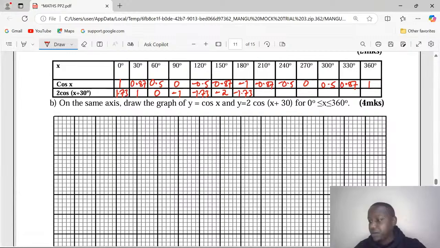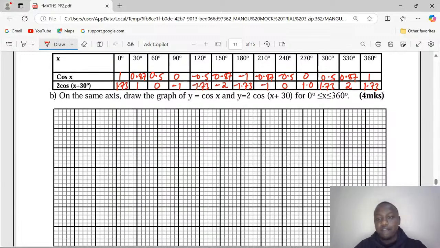At 210, we shall have -1. At 240, we shall have 0. At 270, we shall have 1.0, or exactly 1. At 300, we shall have 1.73. At 330, we shall have 2. Then at 360, 1.73.